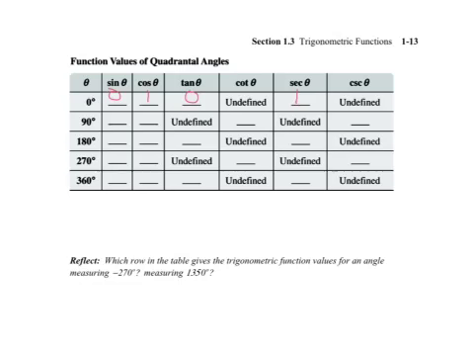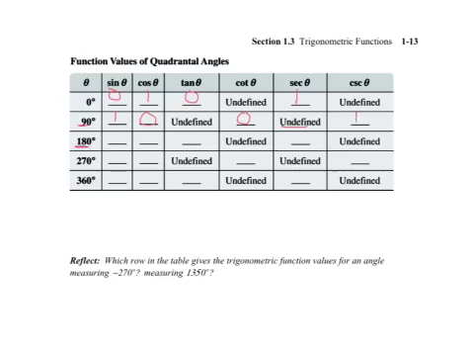So if we go back down to our 90 degrees here, sine of 90 degrees is 1, cosine of 90 degrees is 0, tangent of 90 degrees is undefined, cotangent of 90 degrees is 0, secant is undefined, and cosecant would give you a value of 1.